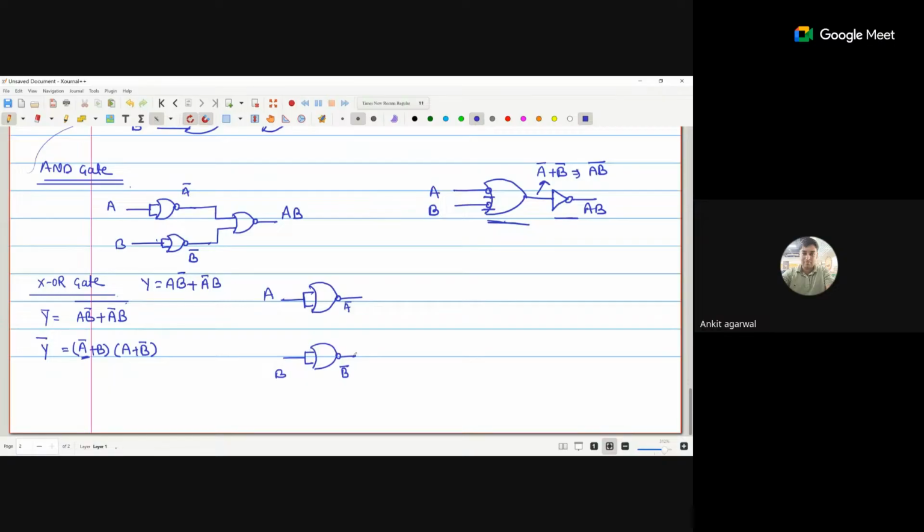If I use B bar with A, we are getting A plus B bar whole bar, that is A bar.